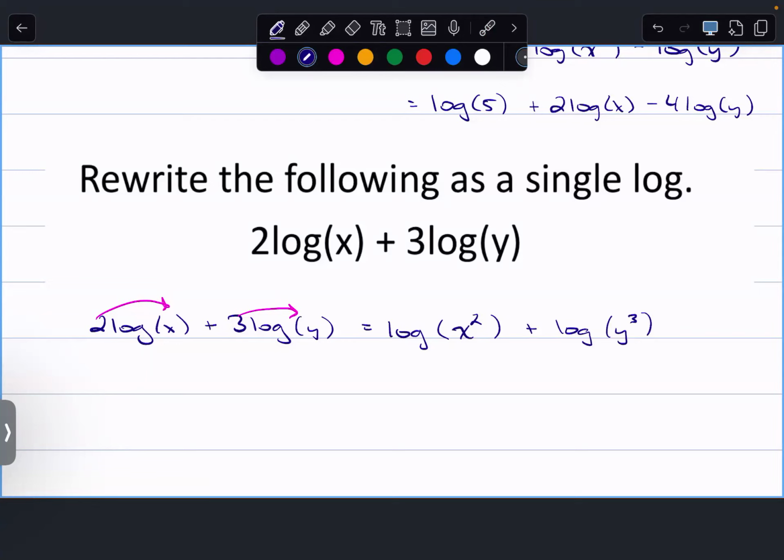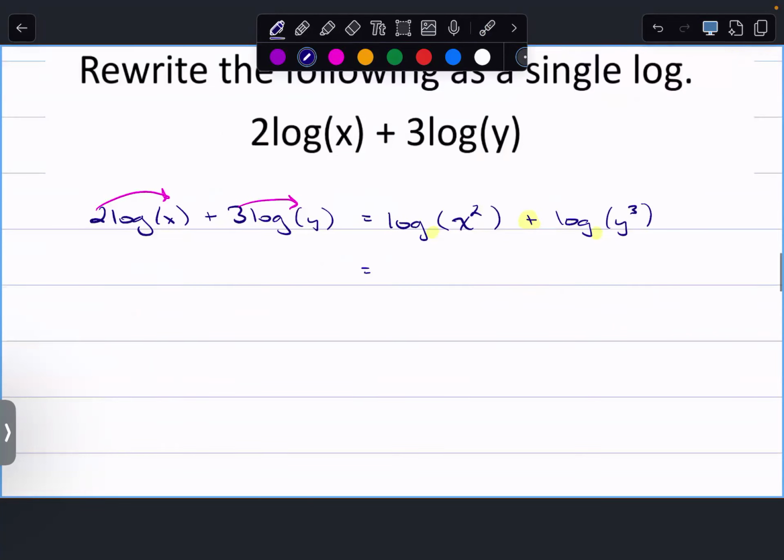But now I'm adding, so I have to check, do I have the same base? Yes, I do, and I'm adding. And then I remember that I can zip that up one more step by multiplying inside the log. So the log of x squared y to the 3.